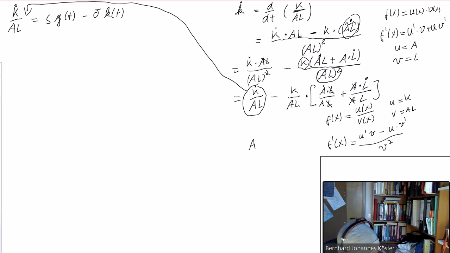And what is A dot over A and L dot over L? The change in time of a variable over the variable itself.